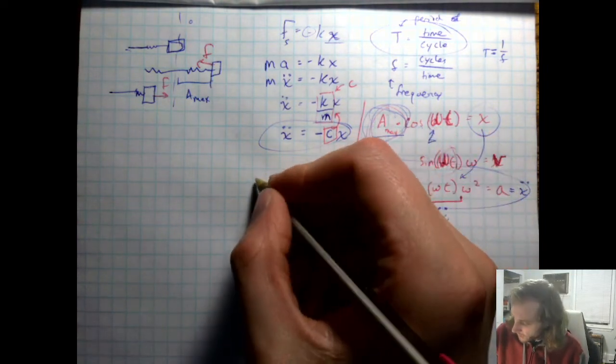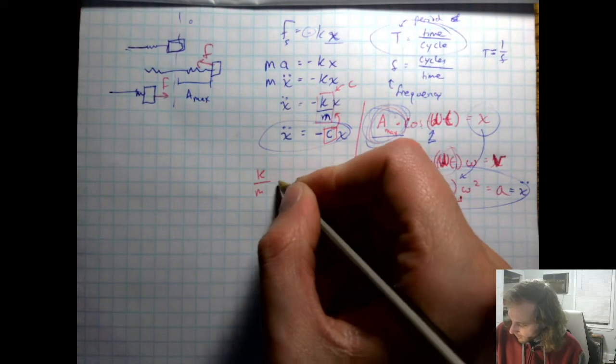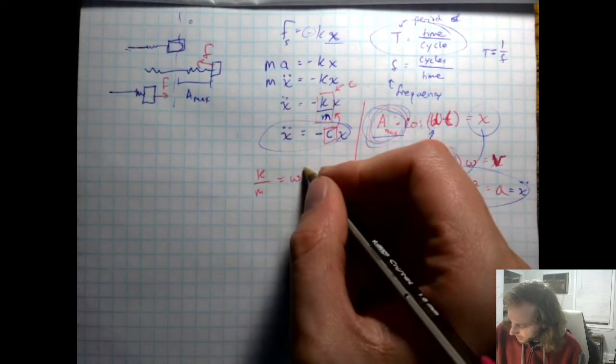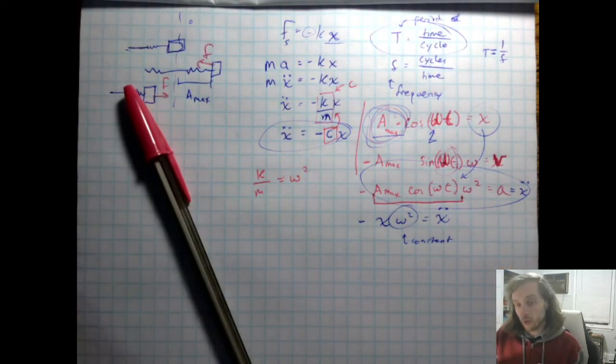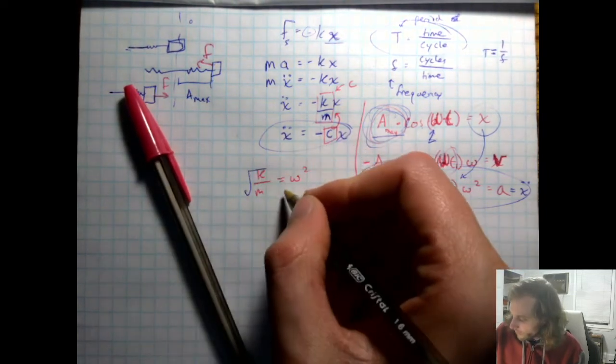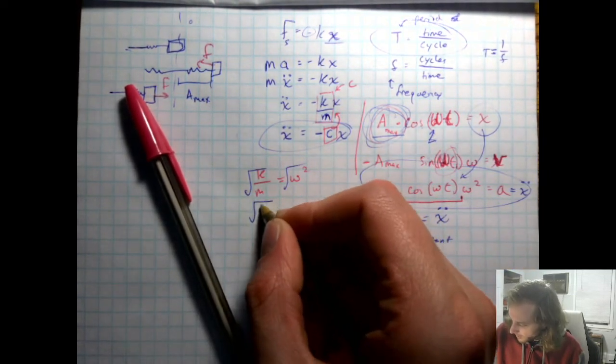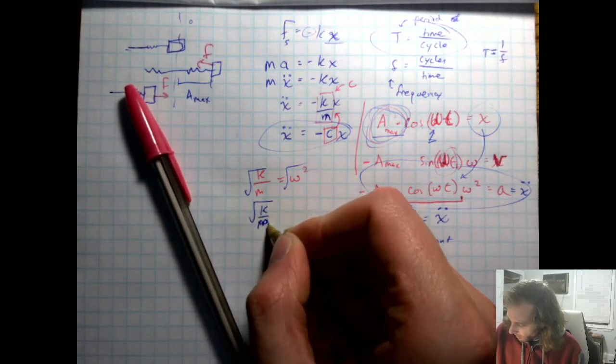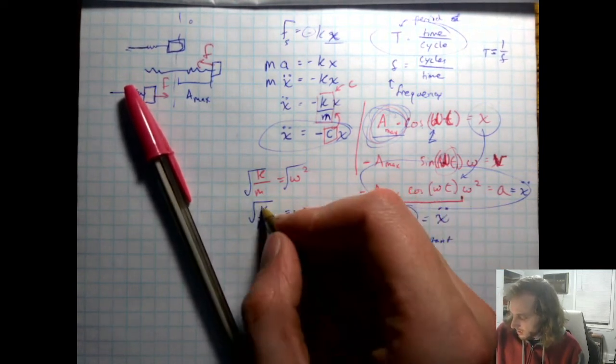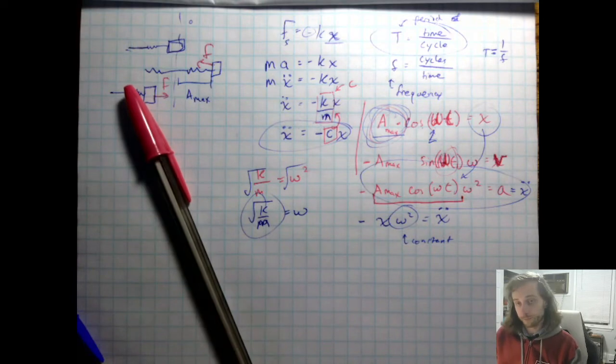So that tells us that k over m is equal to the thing inside our sine cosine function squared. So if we want the thing inside our sine cosine function, we square root both sides, and we'll get that it is equal to the square root of k over m.